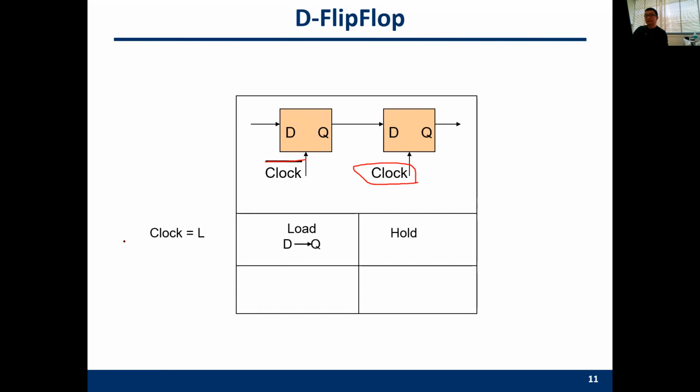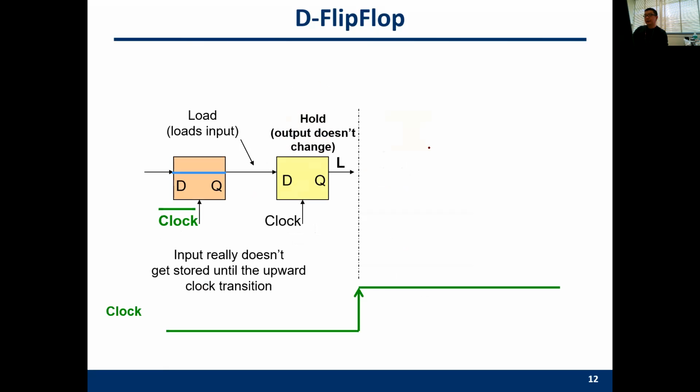But for this clock, this is low, it's just a hold. When the clock is high, this is load and this is hold. So somehow you use this D latch as a protection for the second one. We will talk more in this slide.